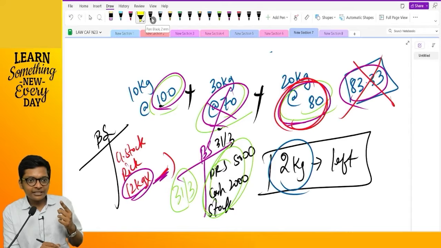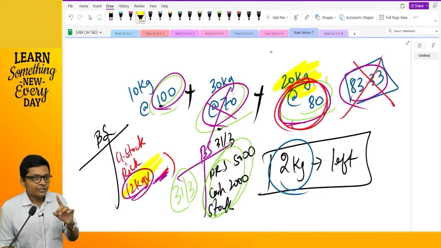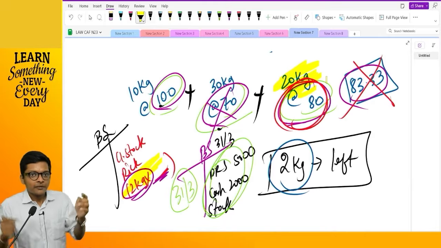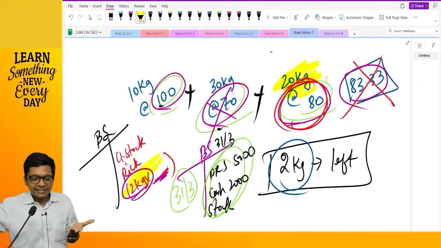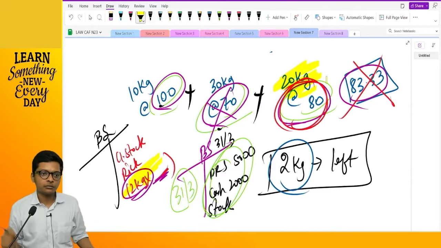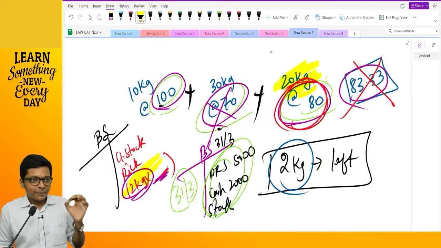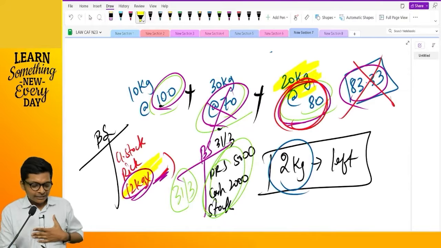The assumption is the 2 kg is from the last purchase. But actually I can't measure, because we have rice, we pour 10 kg. When it's getting over, we get the next 30 kg and we pour it. Correct, guys? But in reality, can I say that this 2 kg is from this 10 kg?